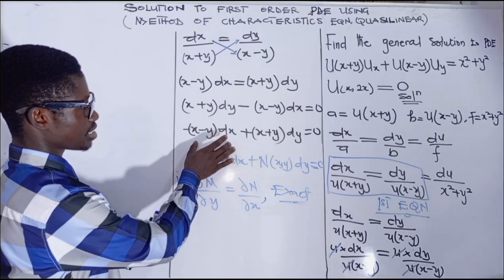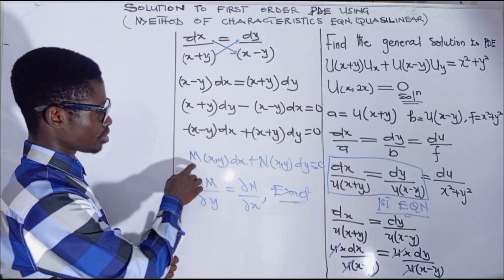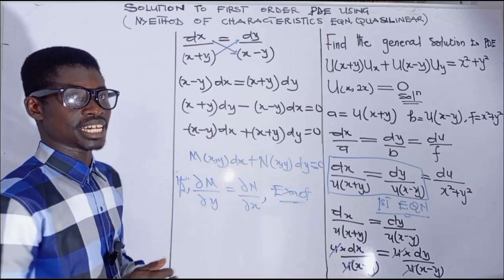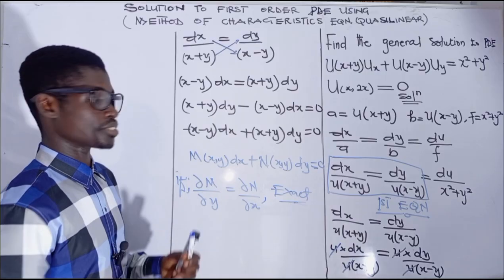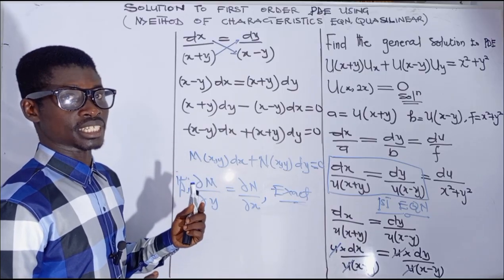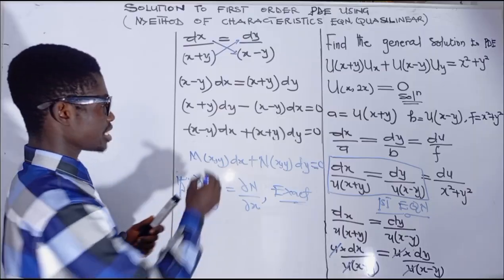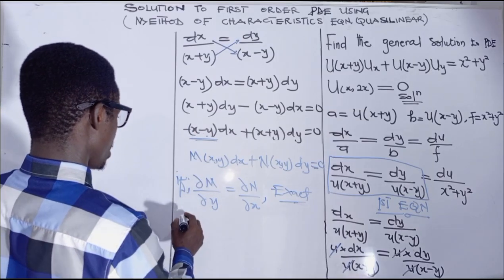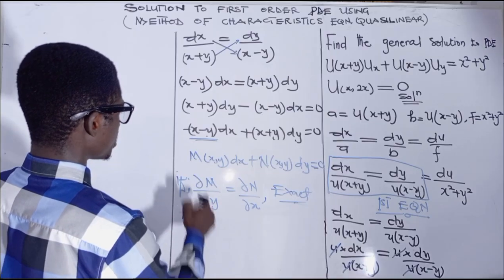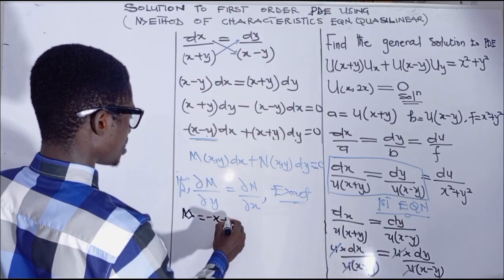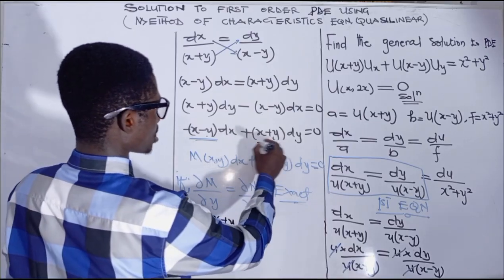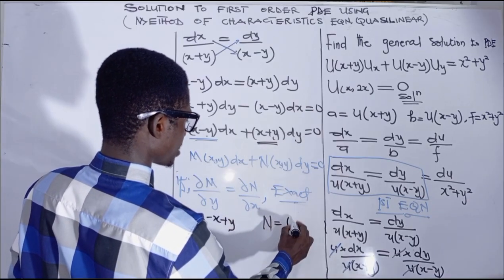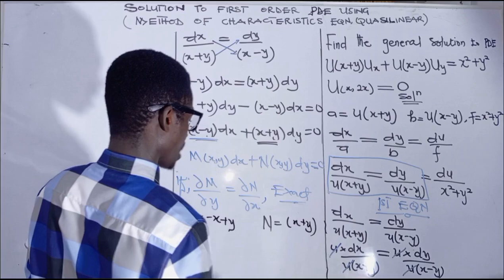So looking at this differential equation, realize that it is of this very form. So we are going to check if it is exact. If it is exact, then we are going to base on exactness to find the solutions to the differential equation. From the equation, this is our M. So we have M is equal to minus x plus y, and this is going to be our N, the coefficient of dy, and that is x plus y.